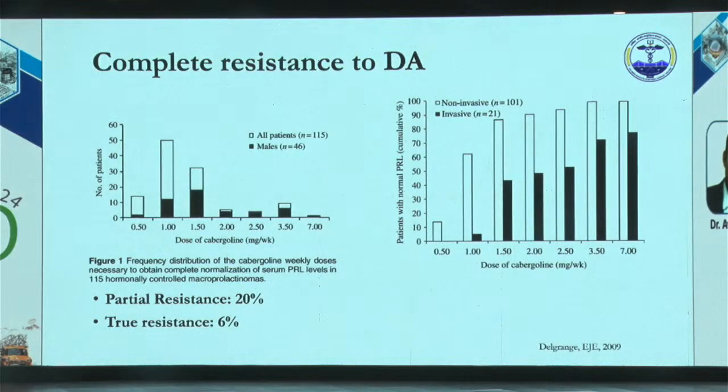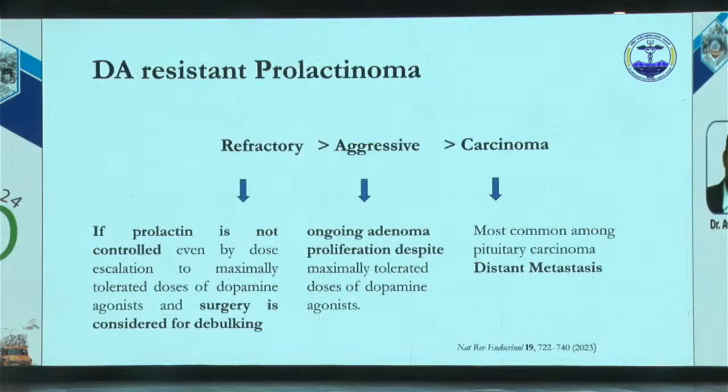Possibly no. Because if you go on increasing the dose, up to 15% of those who were initially resistant will actually improve, and finally true resistance will be around 6%. This is one of the largest studies in macroprolactinomas where true resistance was seen in only 6% of patients.